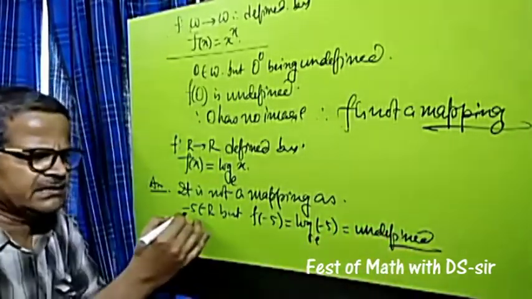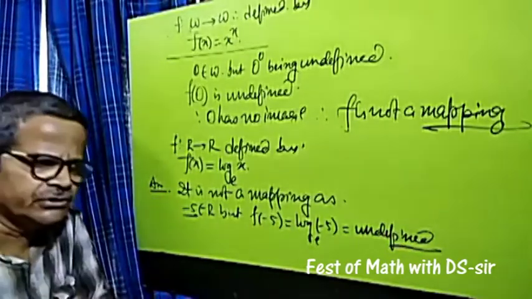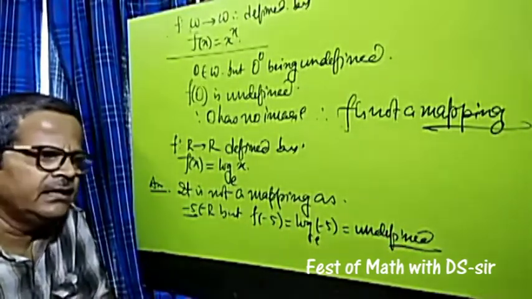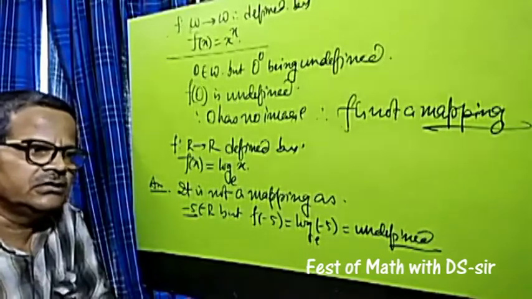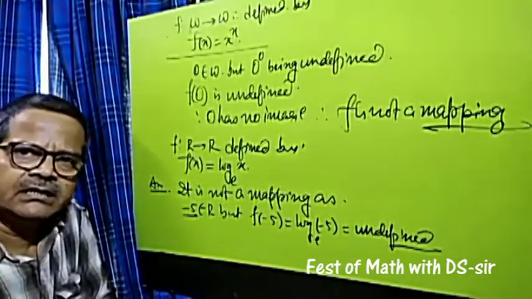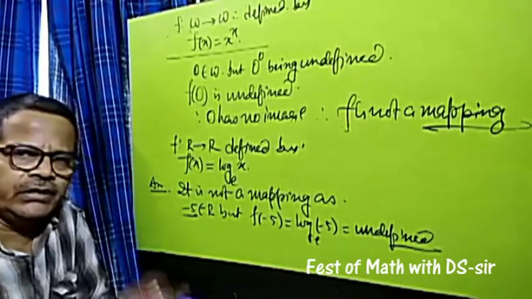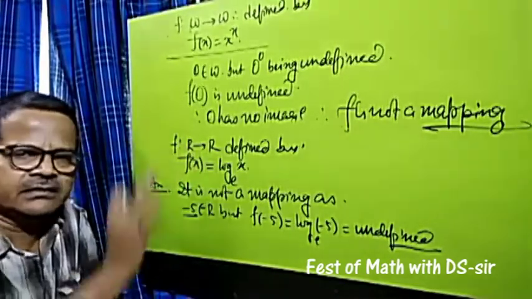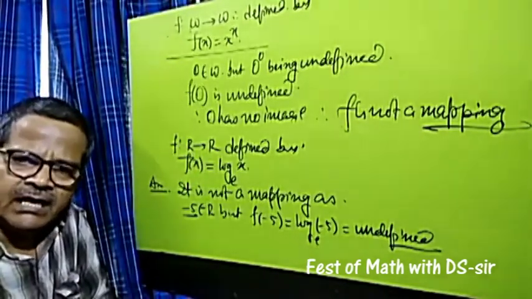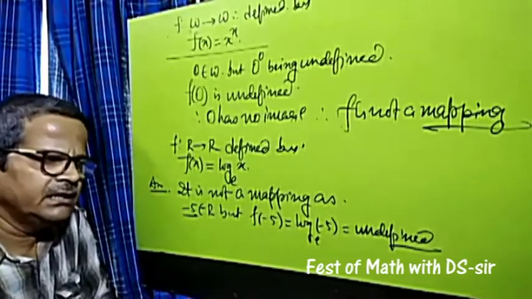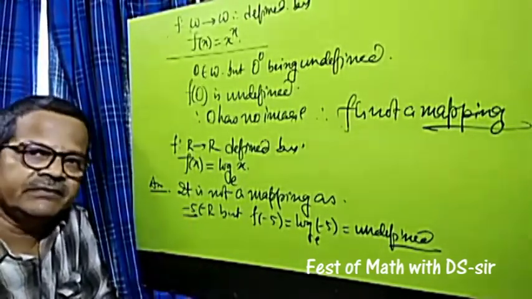You can place any negative value, because we know that in class 9 and in class 11 also, the log of a negative number is not defined. So any negative real number in R does not have any image.